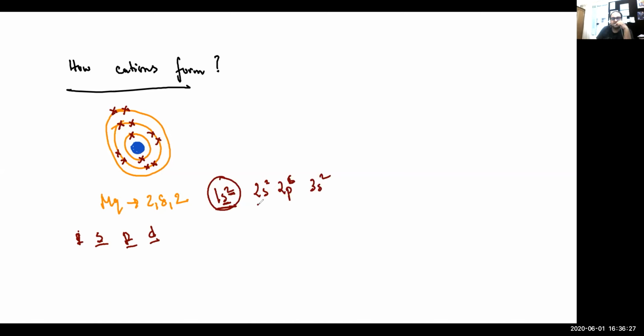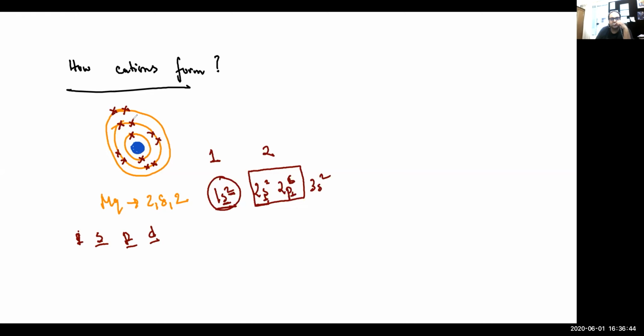Next is 2s2, 2p6. Both of them belong to shell number 2. The S subshell can hold 2, the P subshell can hold 6. So in total, it can hold 8 electrons.